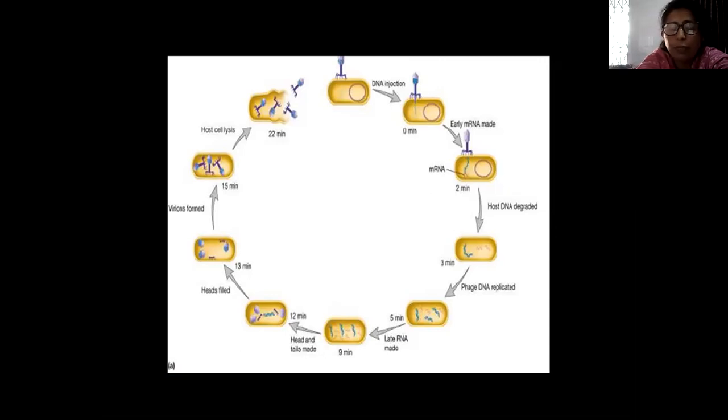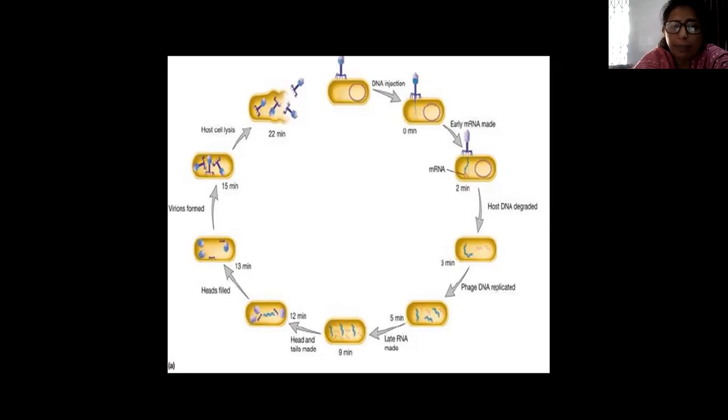which includes various types of proteins and enzymes which are used for the assembly, for the protein coat and the assembly. In the 12th minute, heads and tails are being made, with the help of the late RNA proteins in translation. In the 13th minute, the heads are filled with the phage DNA, which has been replicated.